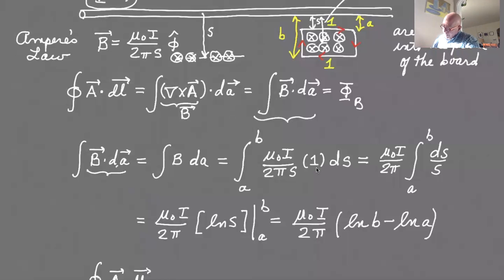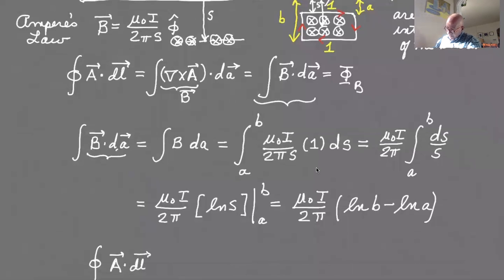All right. And so now what happens in this dot product, right? So first of all, we know that A is going to be along the direction, right? So at the top, dl will be in the same direction as the vector potential.